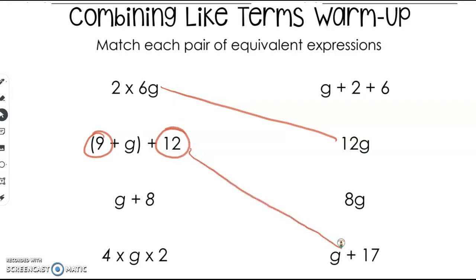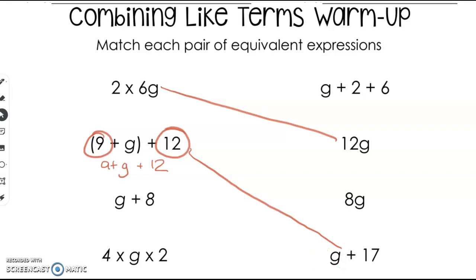So that leads me there. Again, I get rid of my parentheses and I'm going to combine like terms. This 9 and this 12 are the same, they're both constants. So 9 plus 12 gives me 17, and I have a g left over.